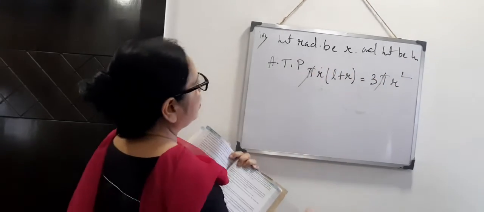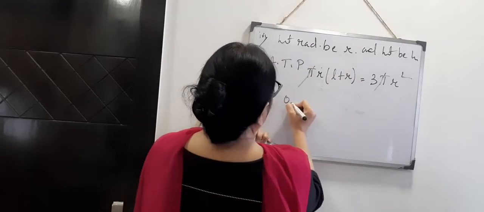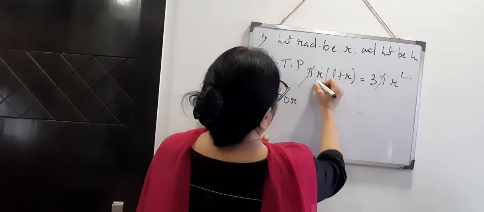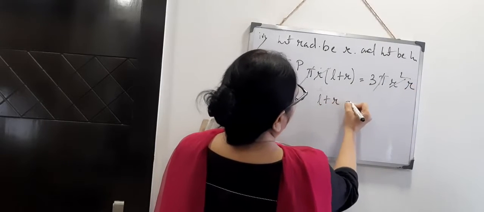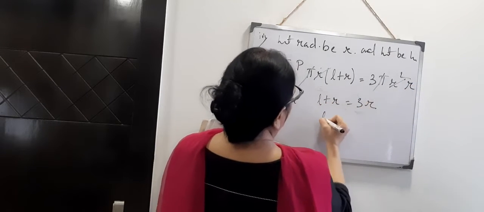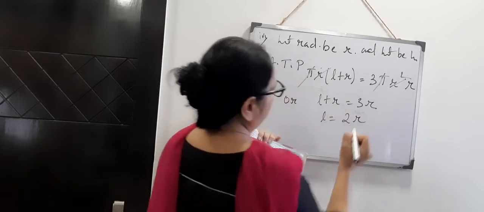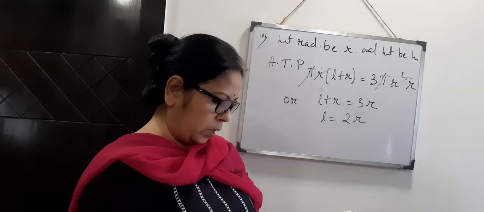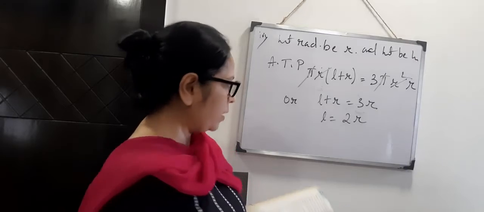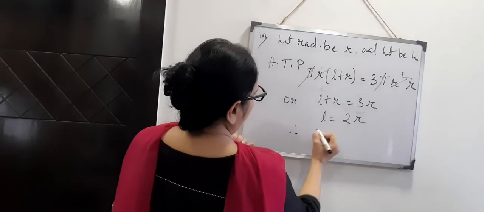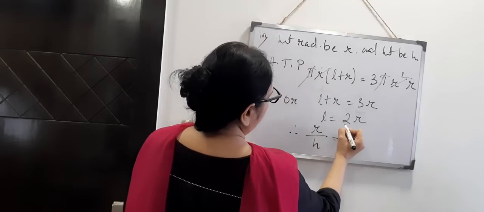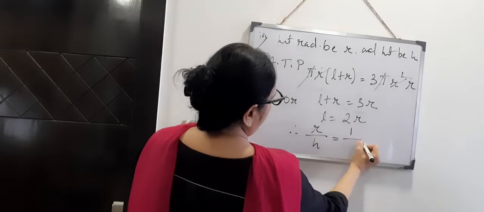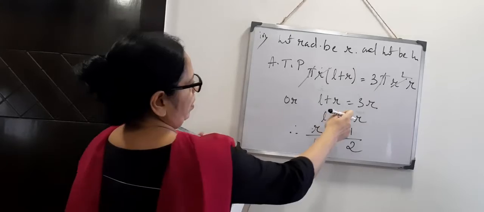Pi you cancel, and here r. So L plus r equals 3r. So L is coming 2r. Now what to calculate? You have to calculate ratio of radius and height.